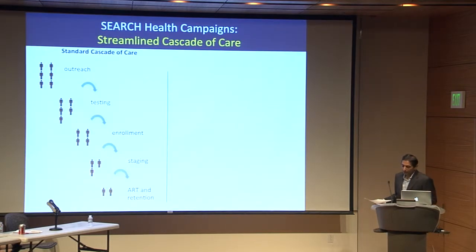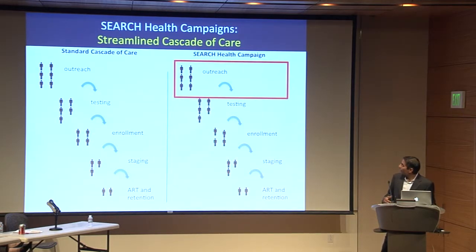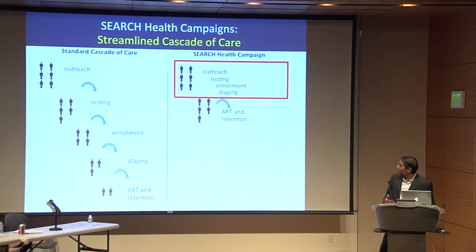With my last two slides, I just wanted to close by highlighting the fact that if we find ways to improve performance on an implementation problem like achieving a high rate of HIV testing in a community campaign, this is really tantamount to solving a sizable fraction of the whole cascade of care problem. Shown here on the left is how we normally conceptualize the cascade of care. And in a community health campaign like what I've described, this is our vision of what we're doing.